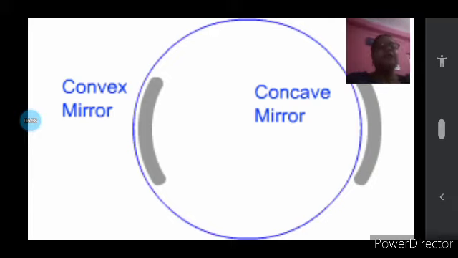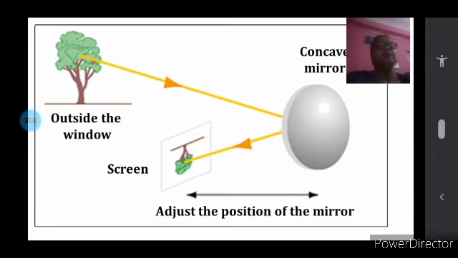Now let us concentrate on the concave mirror and try to understand, children. Now you all know that in a concave mirror the reflecting surface is curved inwards. Now you are holding a concave mirror and you are trying to get the image.